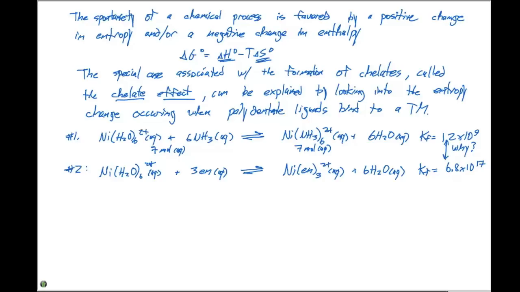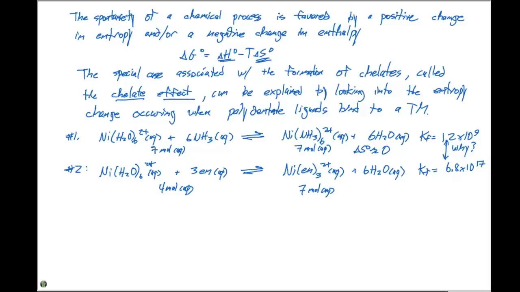So we can roughly approximate the delta S naught to be equal to 0, because we have roughly the same number of moles and the species are very similar. It's going to be close to 0. For reaction number 2, on the reactant side, we have 4 moles of aqueous ions in solution, and on the product side, we have 7 moles of aqueous ions in solution.